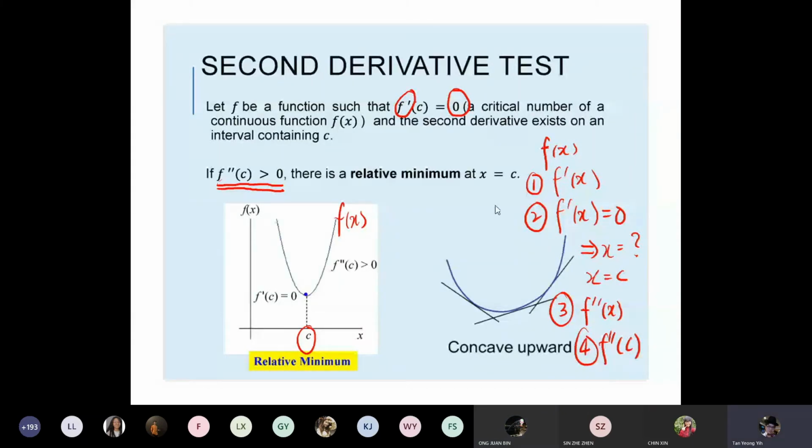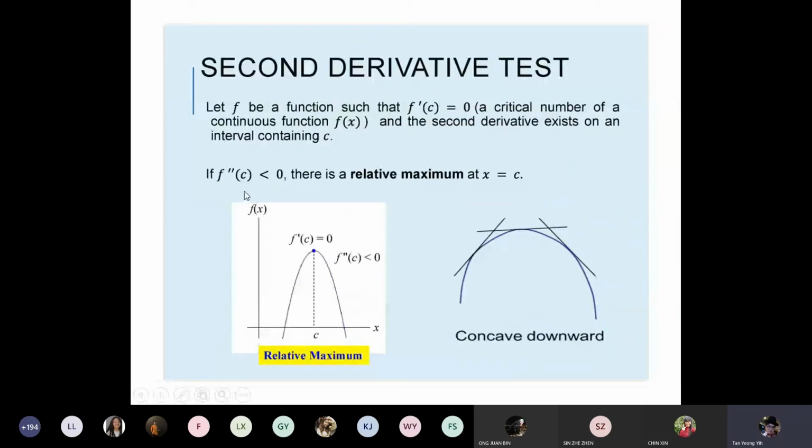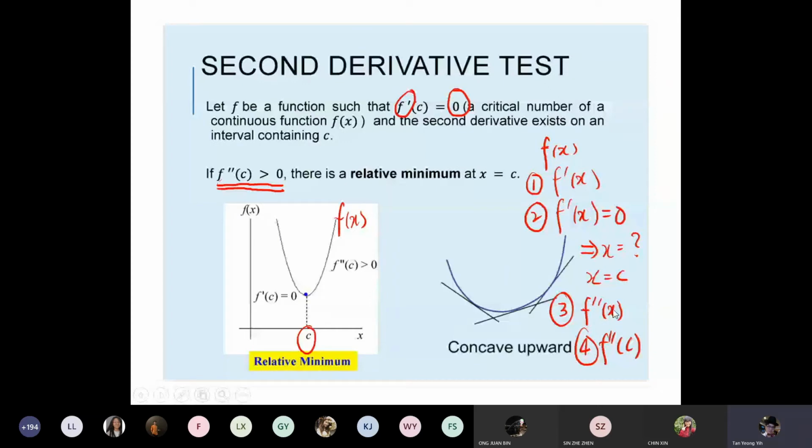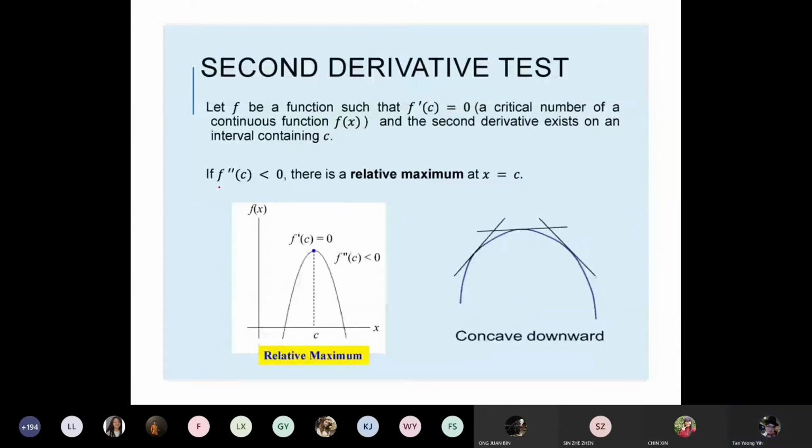Now we look at another situation. After we substitute the c into the second derivative, if the answer is negative, it shows that the graph is like this, and this point is the maximum point.